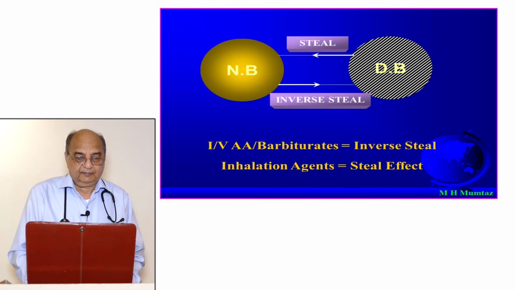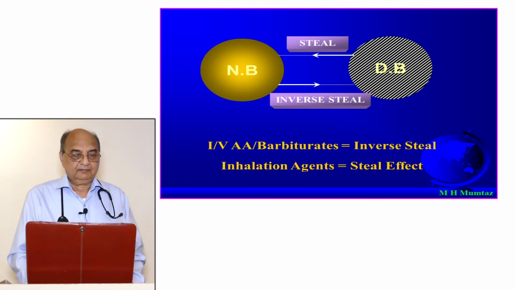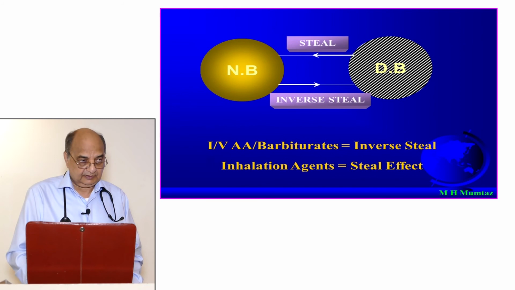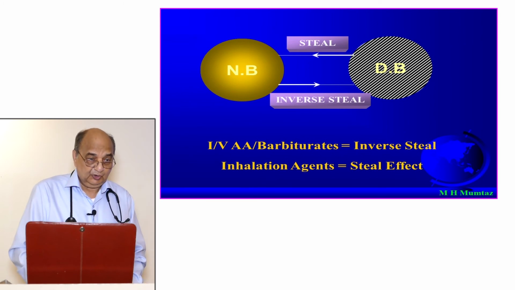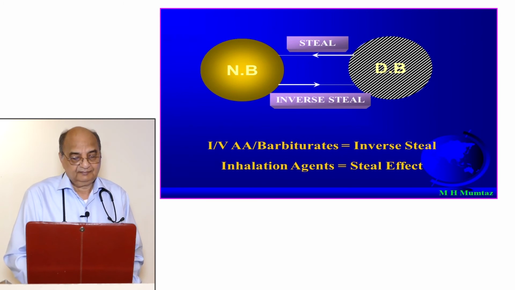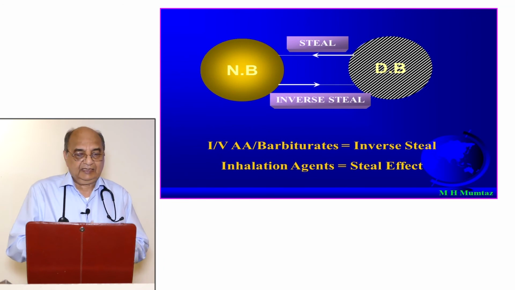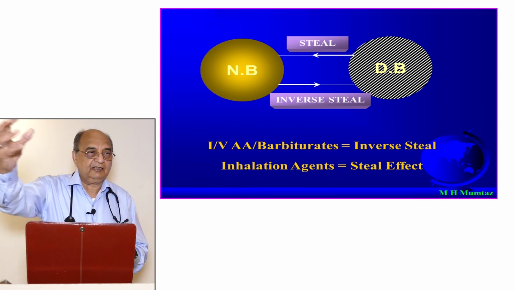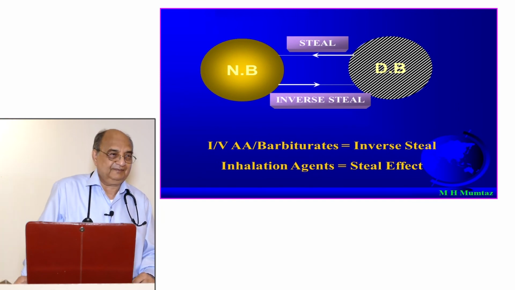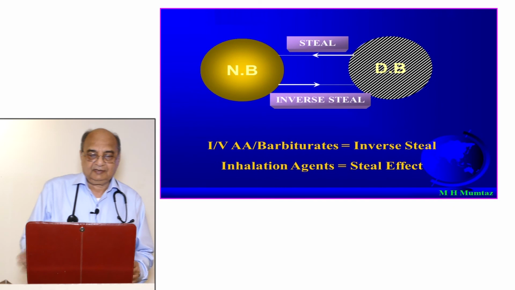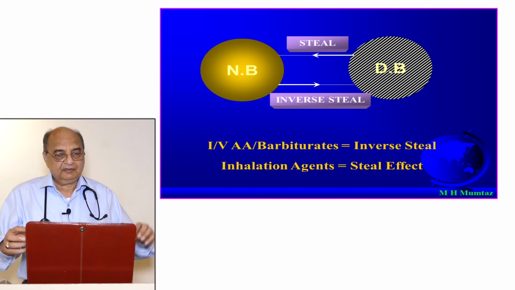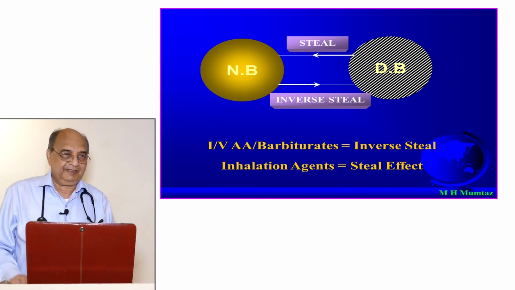Now, if you give an intravenous anesthetic agent, it will cause vasoconstriction in the normal brain. What will happen then? Will it cause inverse steal or steal? Steal is when the normal brain steals blood from the diseased part of the brain. Inverse steal is when the diseased part of the brain draws blood from the normal brain.